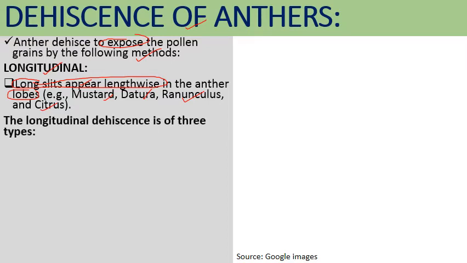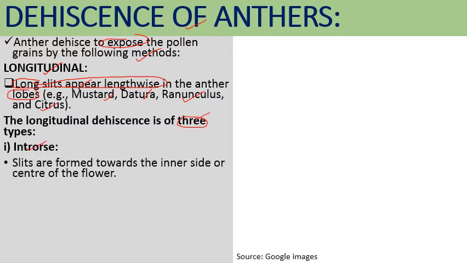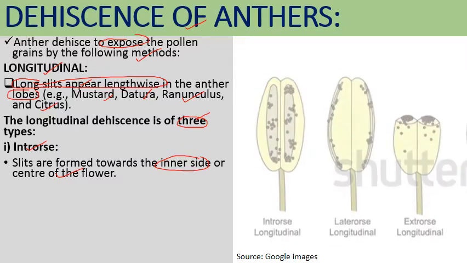Longitudinal dehiscence is of three types. Mainly तीन तरह का होता है longitudinal dehiscence. First one is introse longitudinal dehiscence. In this type, slits are formed towards the inner side or center of the flower. इसमें जो slits बनती है means cracks बनते हैं anther lobes में. They are formed on the inner side or center of the flower.